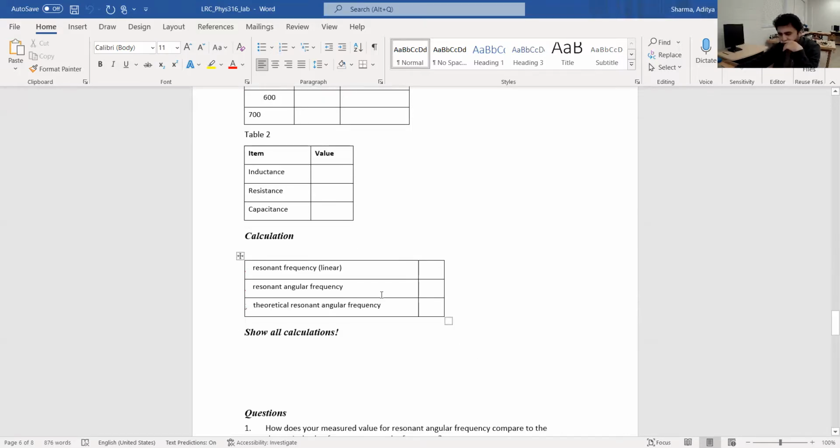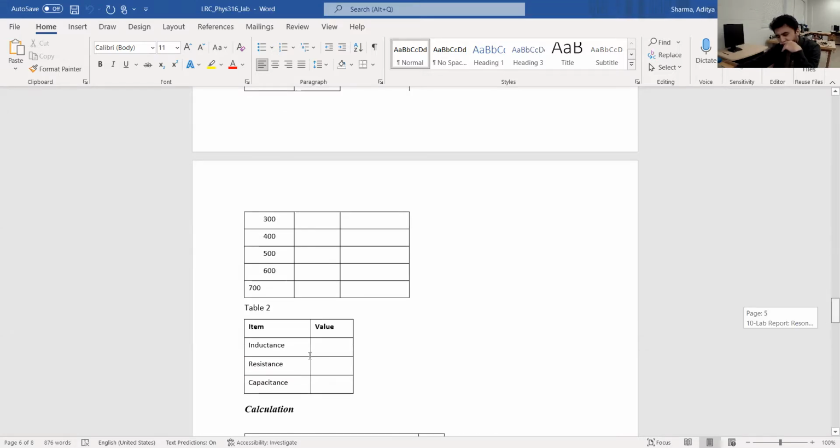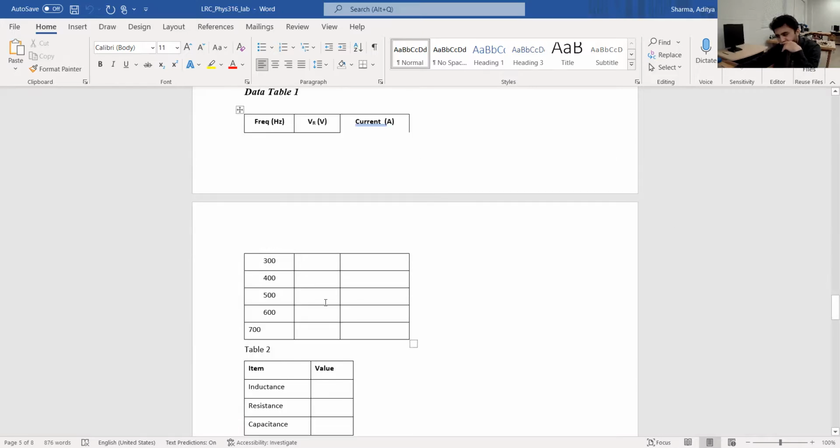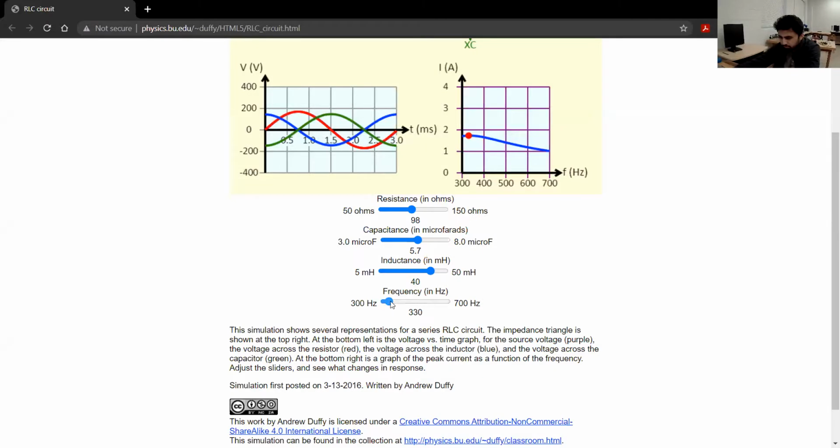Hold on. So only one of these should be the resonant frequency, I think. And they want you to do it at different frequencies, and one of them will be the resonant frequency, and I think that's what they want you to do. So, okay, you have 300, you can do 4, 5, 6.